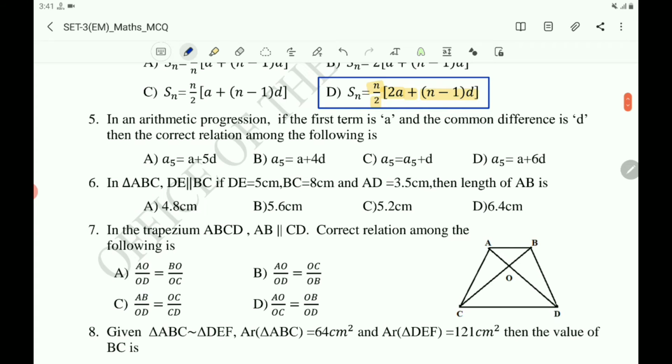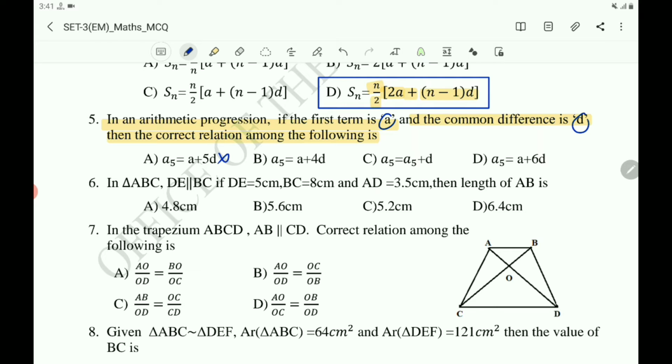Now you take the fifth question. In an arithmetic progression, if the first term is A and the common difference is D, then the correct relation among the following is. First term A is given, common difference D is given, and we have to choose the correct relation. Here it is given A5 equals A plus 5D. It is wrong because A5 equals A plus 4D.